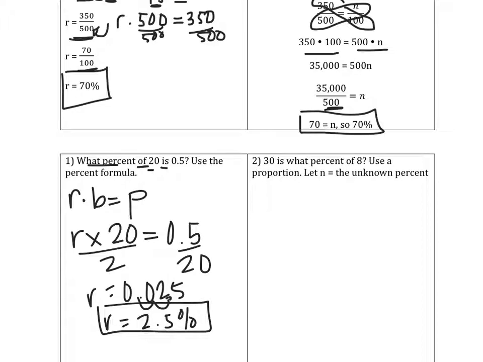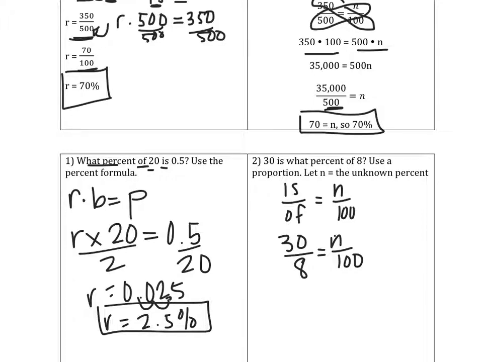So if we plug that back into our equation, what percent of 20 is 5/10? 2.5 is the percent. Number 2: 30 is what percent of 8? Use a proportion. We're going to go back and use the proportion from right above, which is "is" over "of" is percent. 30 is what percent of 8? So 30 over 8 is what percent?